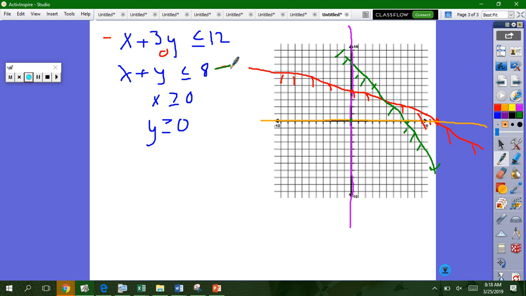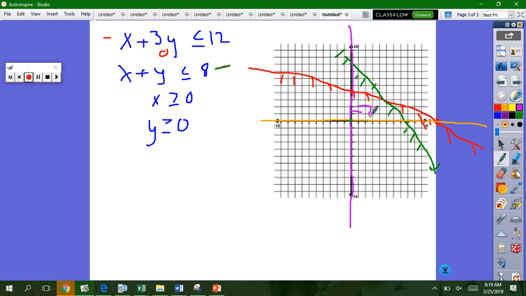Okay, if I plug 0, 0 into that, is it a true statement? So it's still shaded below, isn't it? Right? So far, this part that's shaded is in right here. It has to be less than this line and less than this line, so I'd be right here, isn't it? Correct? But I also have to say who's greater than 0.